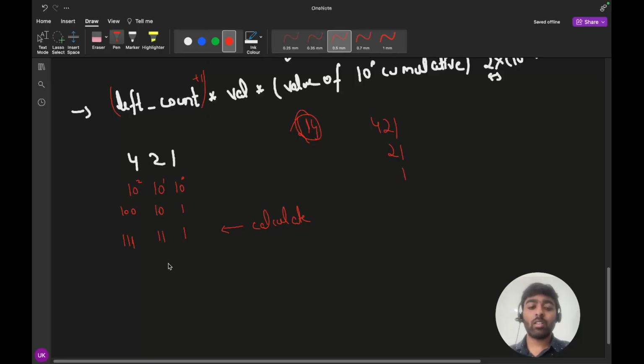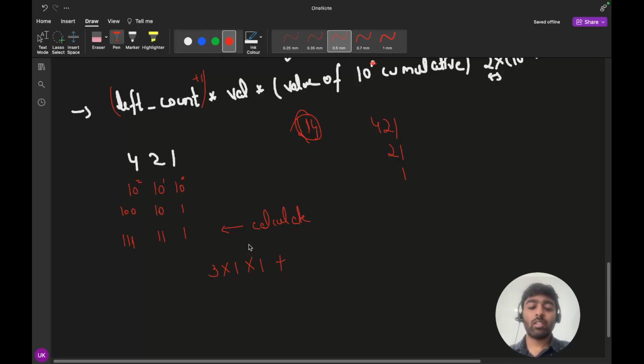So 2 plus 1 is 3. So 3 into val, which is 1 into the value of the cumulative, so it is 1 here.